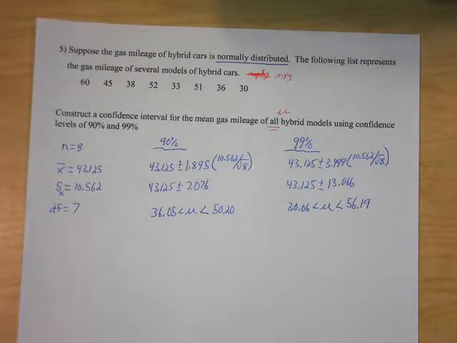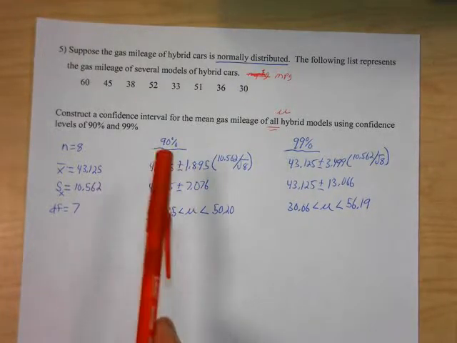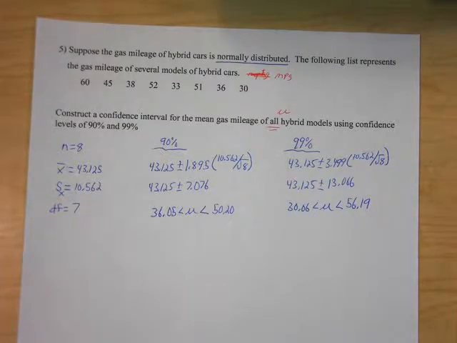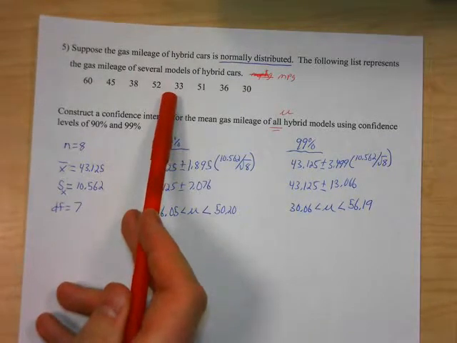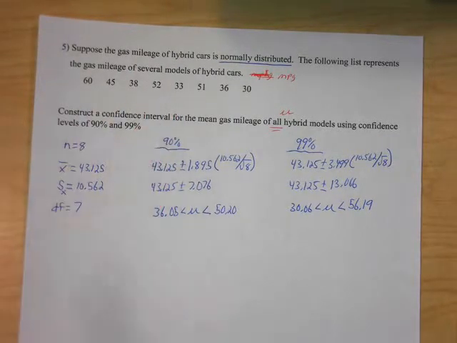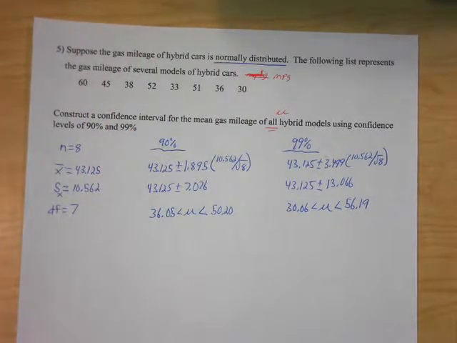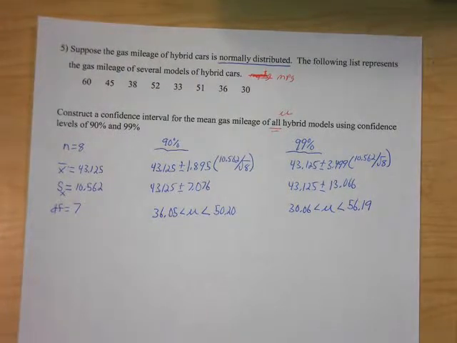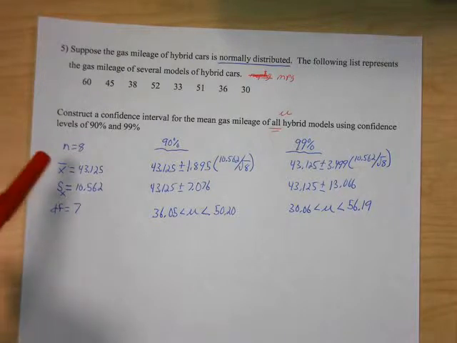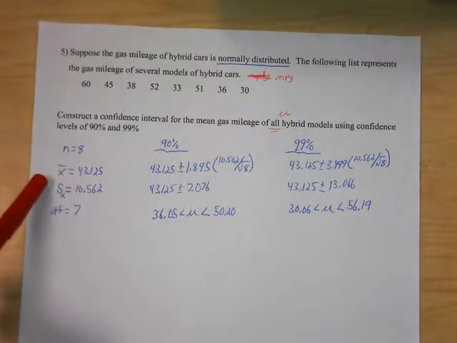The big idea of all this is that when you look at that 90% confidence interval, if we were to do this process 100 times, so if we were to choose samples of size 8 of hybrid cars and make a confidence interval 100 times, each of those samples may have resulted in a different mean and standard deviation.